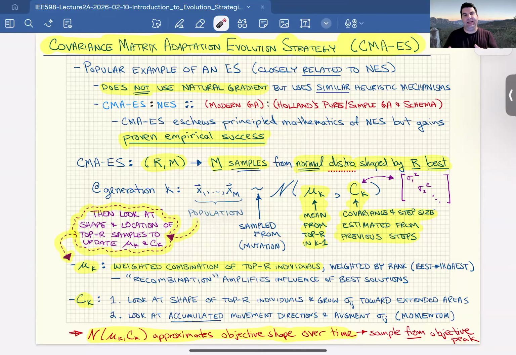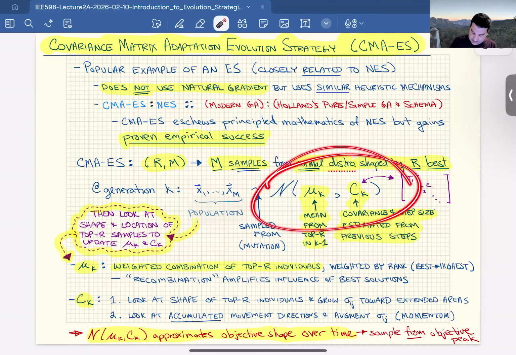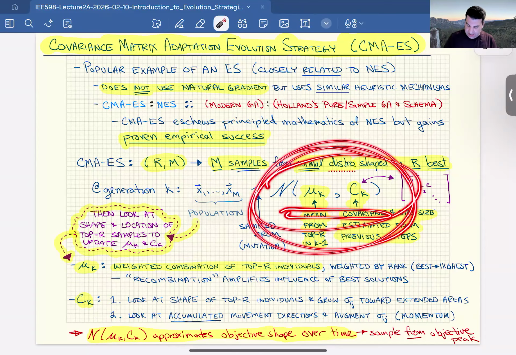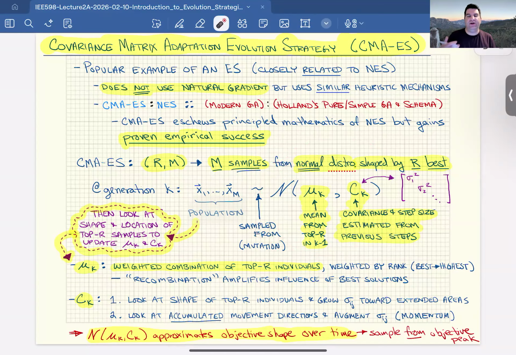So by sampling from the approximated shape of the top of that peak, what we're doing is drawing points that are more and more likely to be higher and higher fitness. That's the idea here, is that this over time is going to be a probability distribution of where to find the highest fitness.